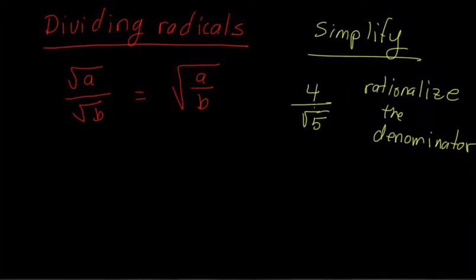To rationalize the denominator, you use the idea from multiplying radicals that says the square root of x times the square root of x is x. So I'm going to manipulate this as if I were manipulating a fraction, only using this idea. I'm going to multiply top and bottom by root 5.